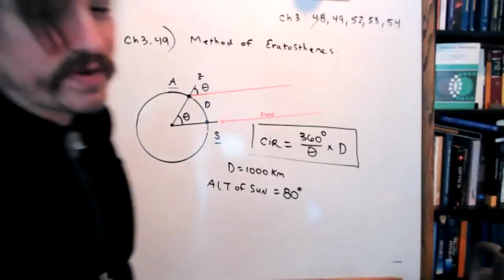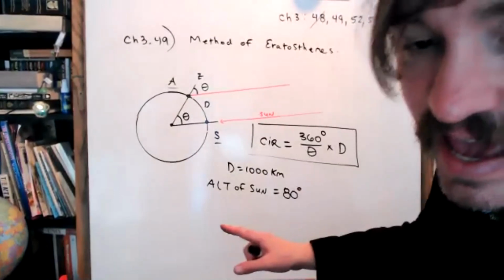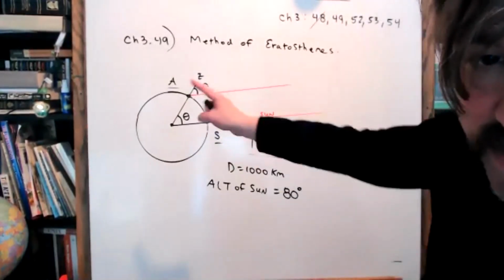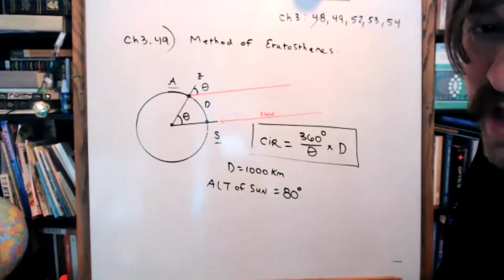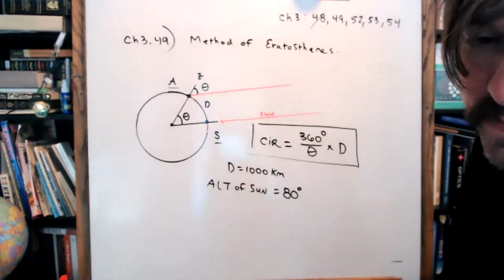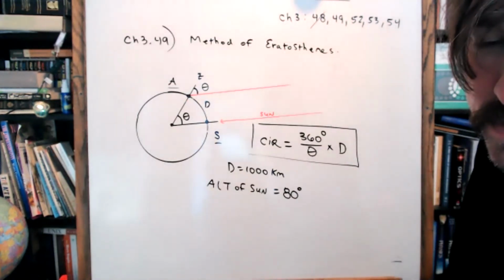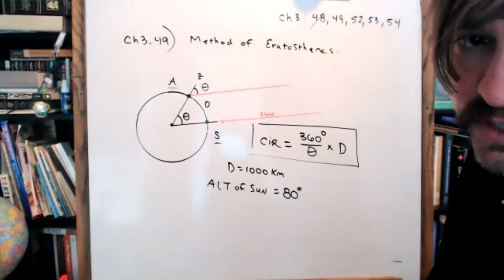Okay, there's a little trick here, guys, but you have to be paying close attention. They gave us the altitude of the sun in the city. So what do you think I should do?